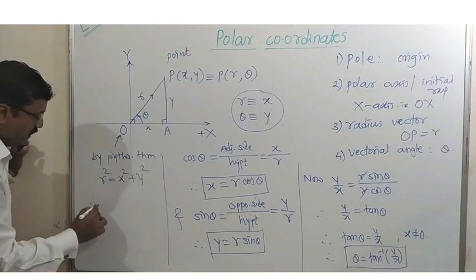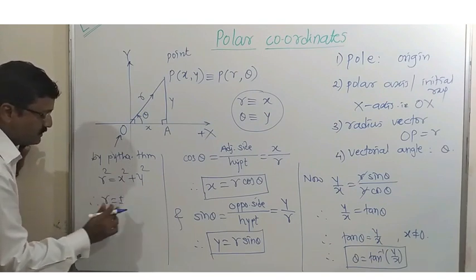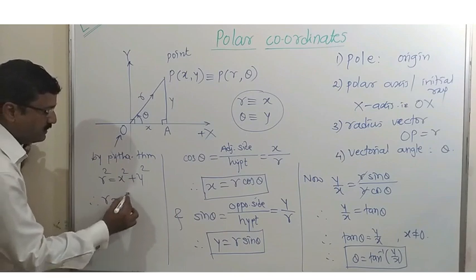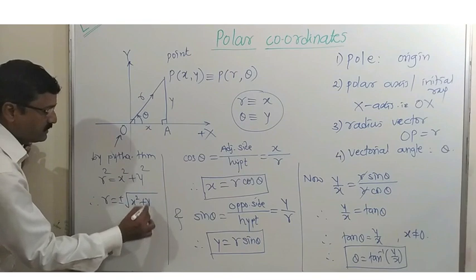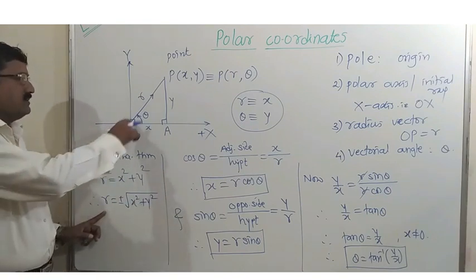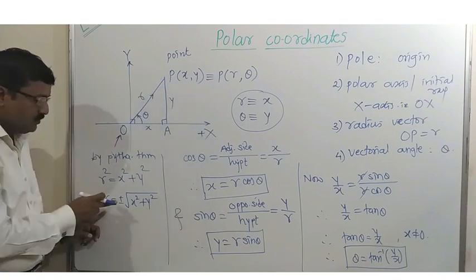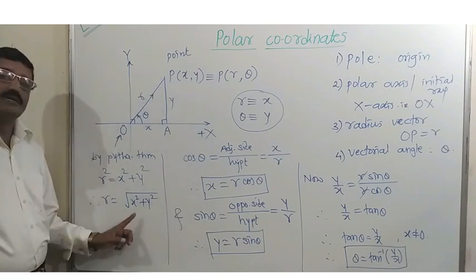So r equal to plus minus, if we are going to take root, that way I am writing plus minus, root of x square plus y square. But what is r? R is the distance, and distance is always positive, so no need to take this plus minus sign. Don't write that plus minus sign, take only positive.